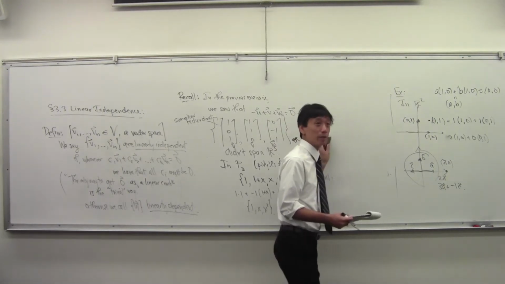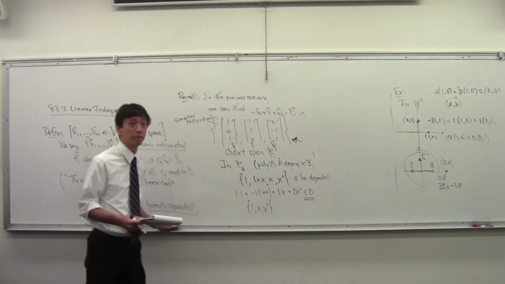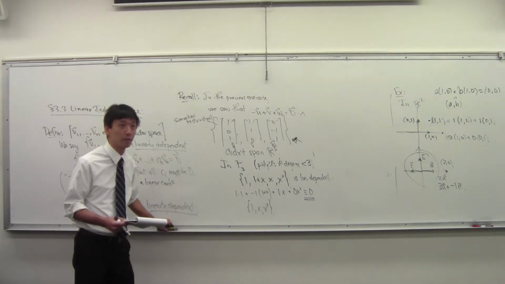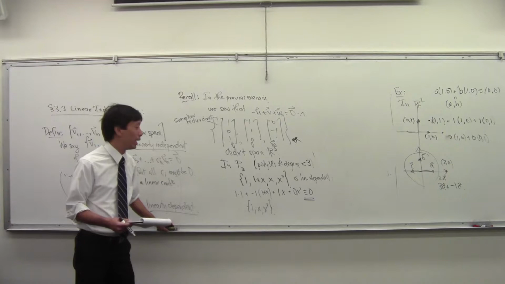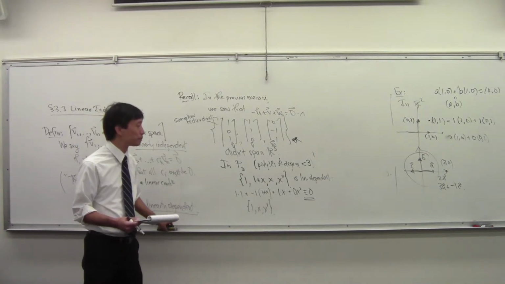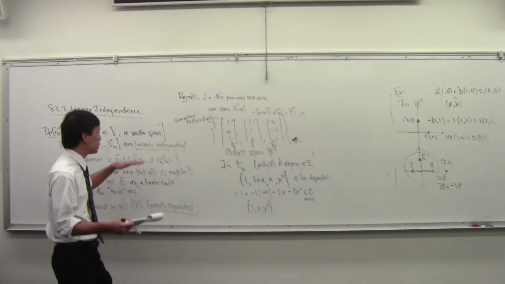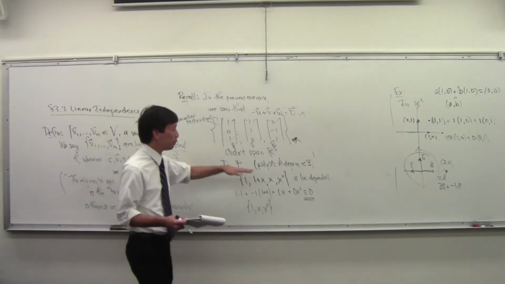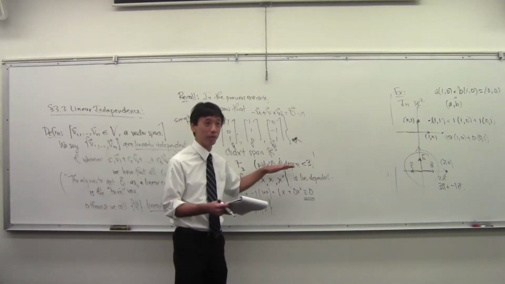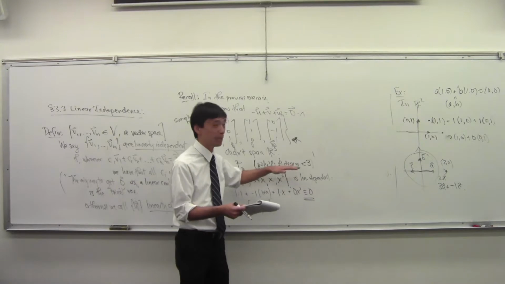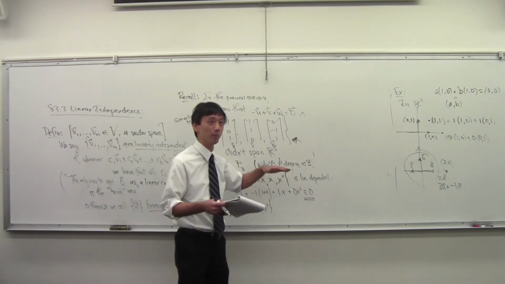Other questions? Yeah, Russ? So if we can get a non-trivial way of writing zero with the spanning set, does that mean we get the minimum spanning set? Right, that's what we're going to see. What you're seeing here is that dependence corresponds to a redundancy, and independence corresponds to some sort of minimality.